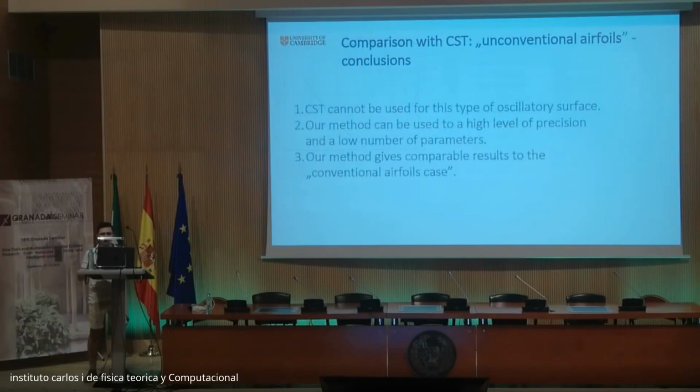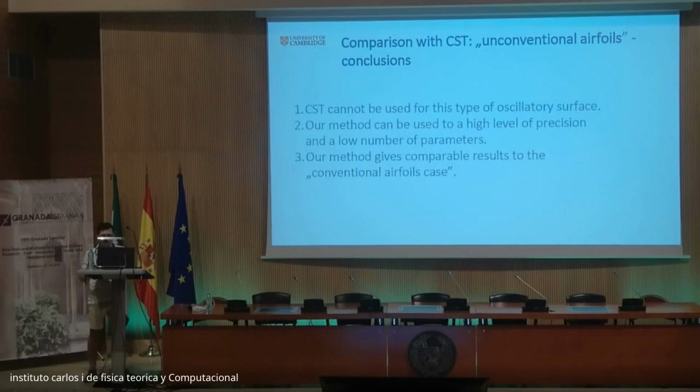So just a few conclusions on the comparison. You just can't use CST here. We also tried regularized CST, and we tried varying our N1 and N2 coefficients. The results are just unusable. It really does not like this type of oscillatory form for the bottom surface or even for the top surface. But our method doesn't really care, so it will probably be best to use it when you don't really know which type of airfoil you might end up needing, so as to not lock yourself into a local minimum or maximum of your optimization function.